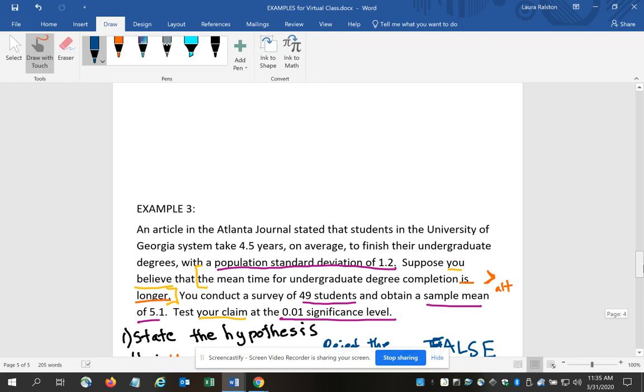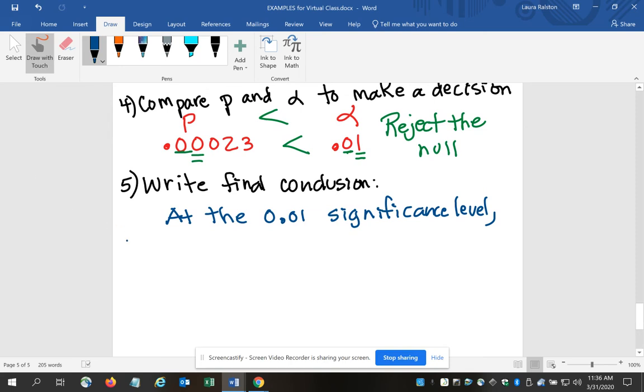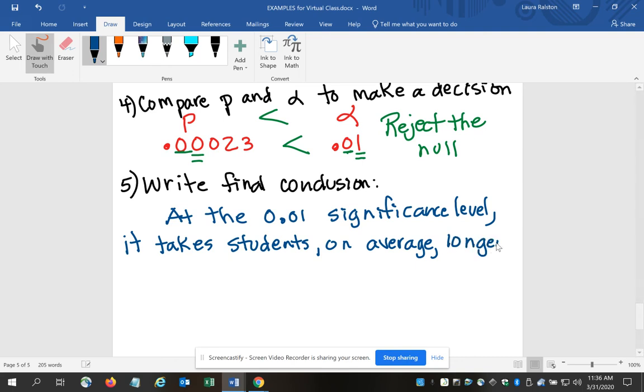On average, it takes students, let's see, at the 0.01 level of significance, it takes students on average longer than 4.5 years to complete an undergraduate degree.